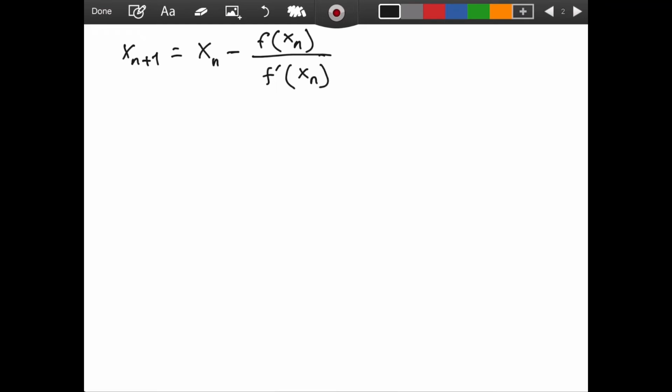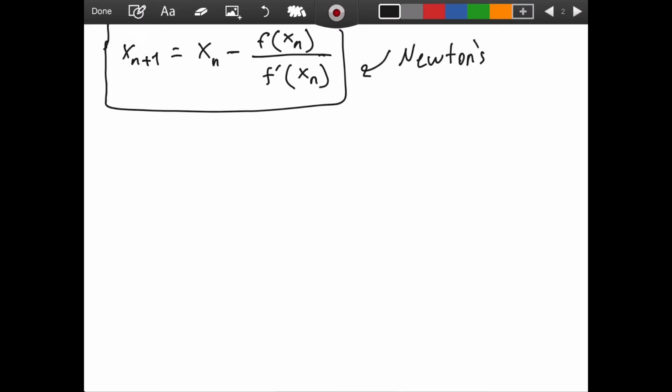This is the formula for Newton's method. As you can see, and as I talked about, it is an iterative process. You iterate for as many times as you want, and you get closer and closer to the actual value of the root.